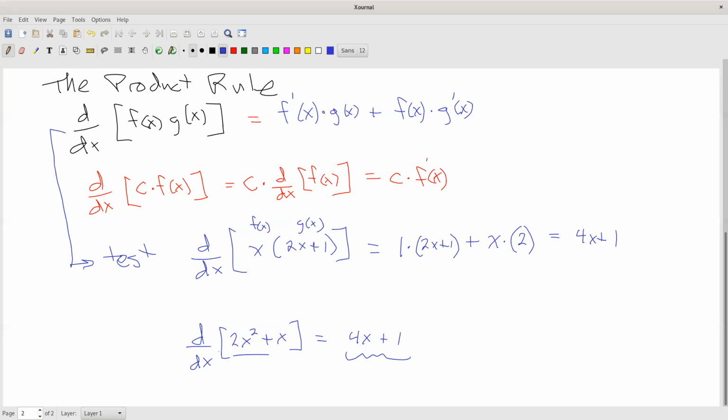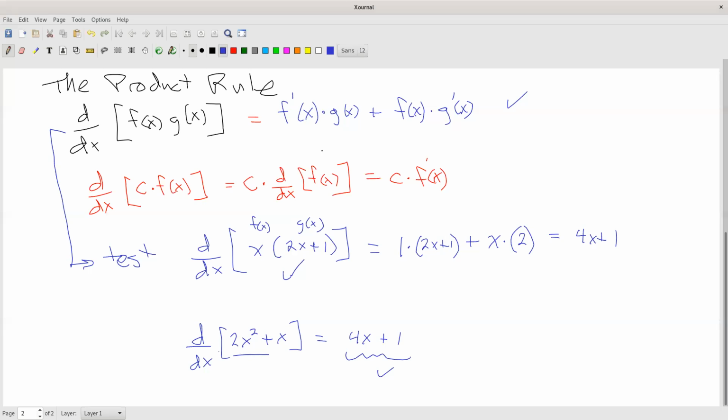All right, so this is just a simple example showing that this formula seems to work for this particular function. And I know it works because I can check by doing the derivative a different way with a little algebraic trickery, just rewriting the function. Okay, so there's two morals here.